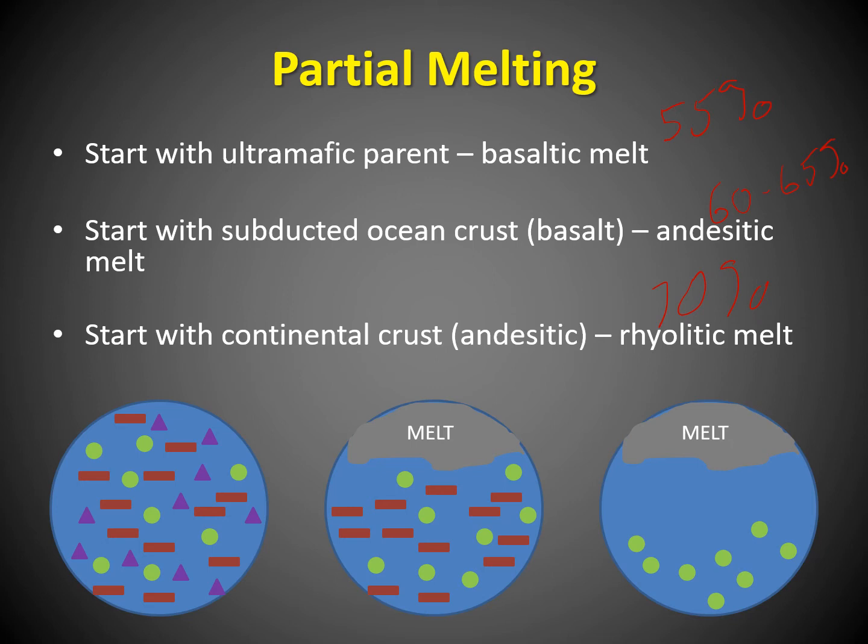You go to places like Upper Michigan, Keweenaw Peninsula, southern Canada, parts of Australia, they have some really neat ultramafic, really old flood basalts. Probably from a time where the Earth was a lot hotter and we could get more partial melting than we do today. Today, it's really rare to see an ultramafic eruption. Really unusual.